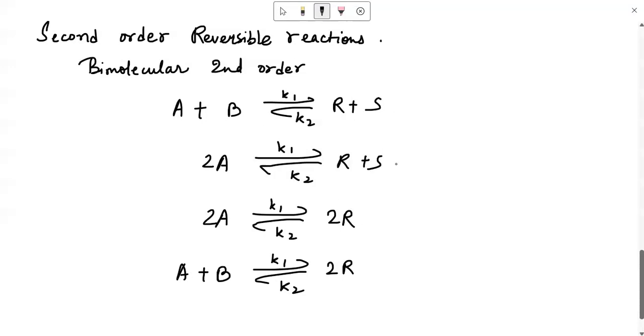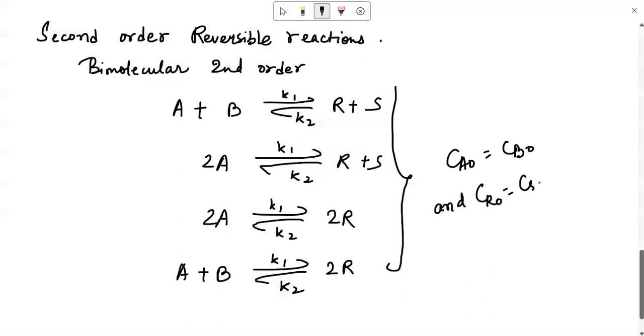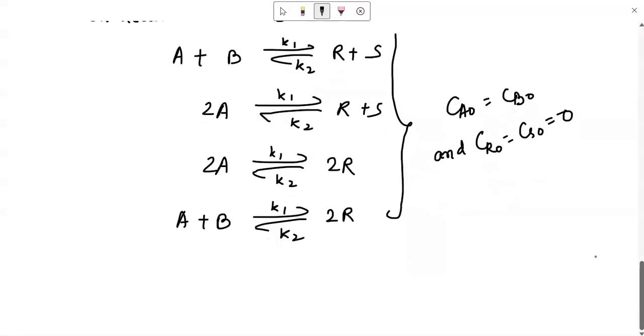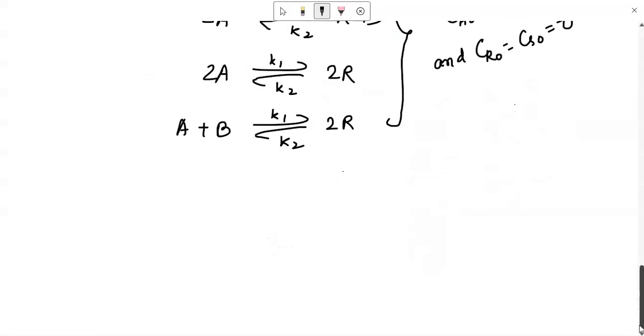Now for all the cases, if you consider that Ca0 equals Cb0 and Cr0 equals Cs0 equals 0, that means at the initial state no products are present, then the integrated form for all of these 4 equations will become the same. I will write the integrated form directly.